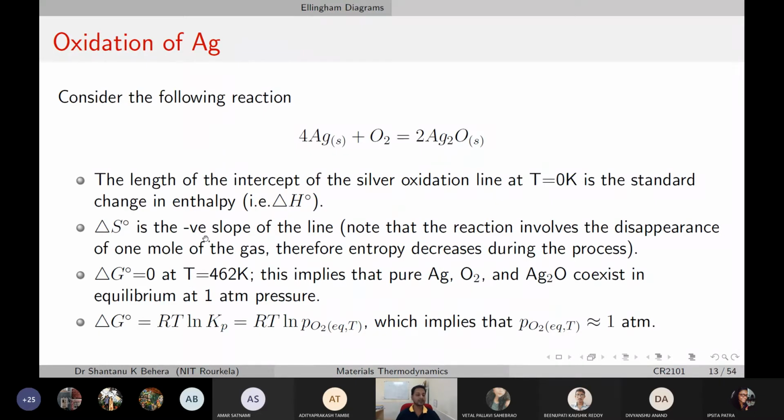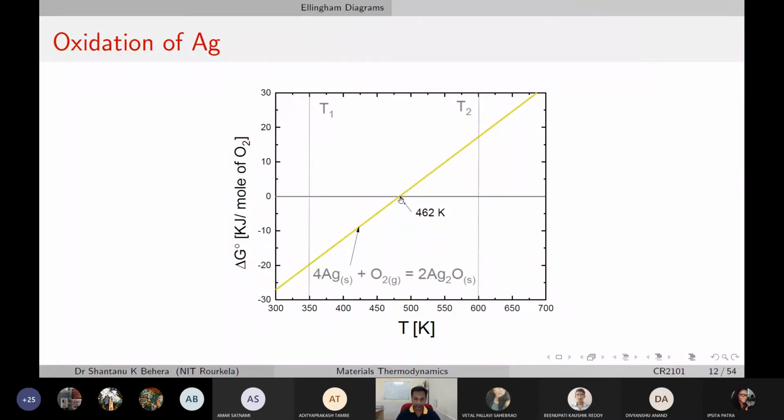And del S0 is the negative slope of the line. Note that the reaction involves the disappearance of 1 mole of gas, therefore entropy decreases during the process, which is what we just discussed, right? And one interesting thing is that del G0 at T is 462 Kelvin. So you talk about this one, and this is the line where the del G0 line sort of intersects.